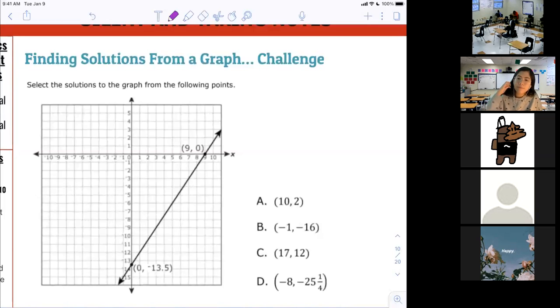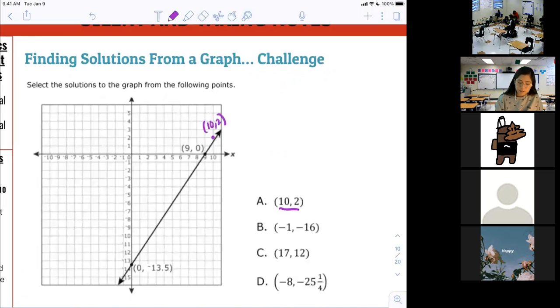Which ones can we see on the graph? Yes. Which of these are in the box and you can actually see? I think this is A, right? 10, comma 2. Yeah. 10, comma 2 is right here. It's just a little bit off.